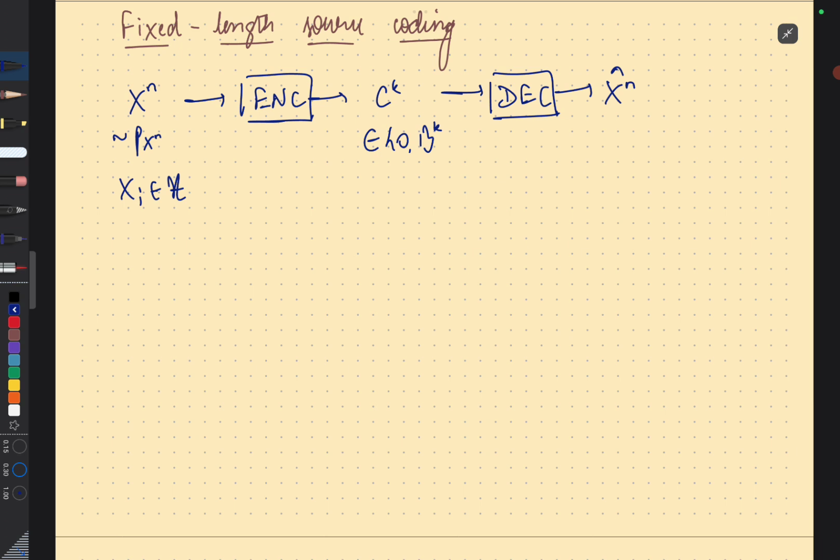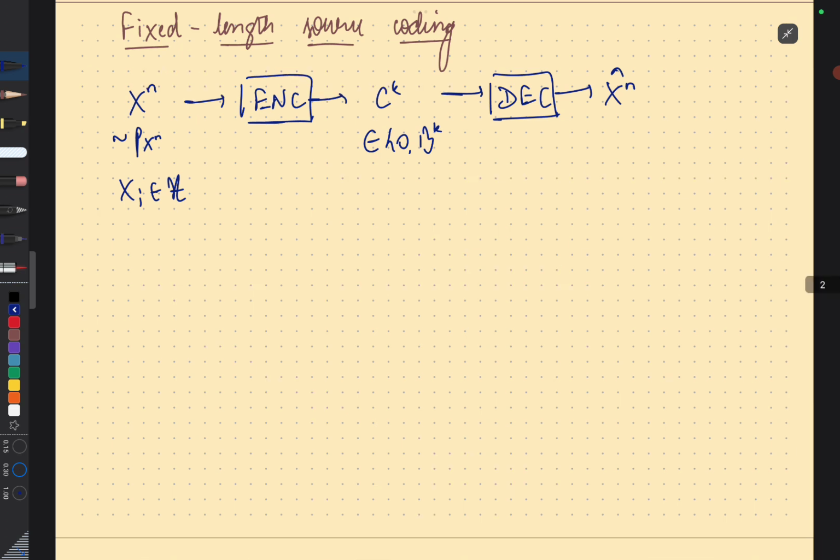But then we'll impose another constraint, which is that k, the length of the compressed sequence, be fixed. So k can depend on the distribution, but it is not allowed to depend on the realization of the source. Right? So in this case, we want to keep k fixed. It can depend on Pxn, but it can't depend on the exact realization of xn.